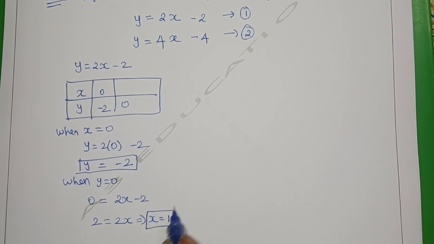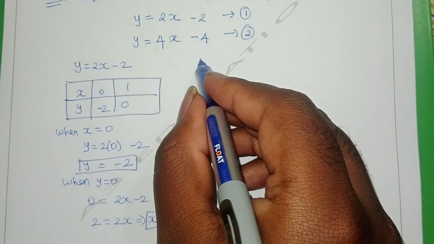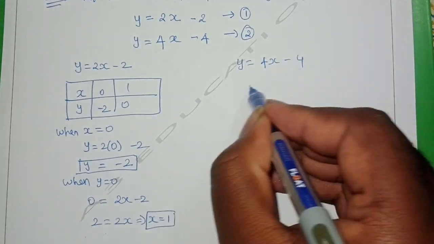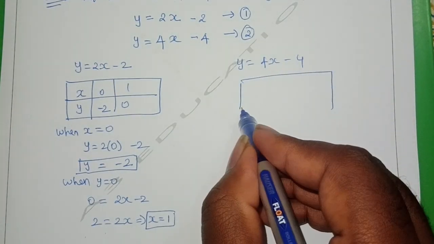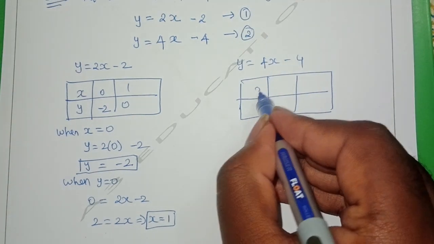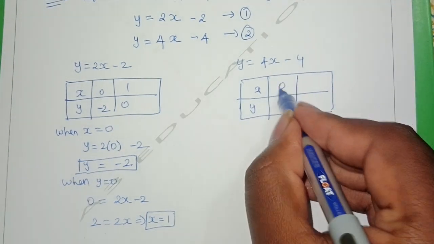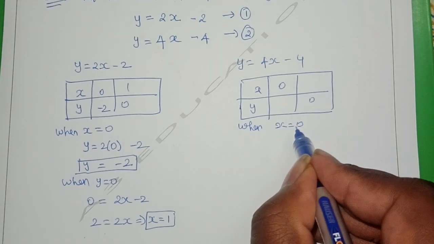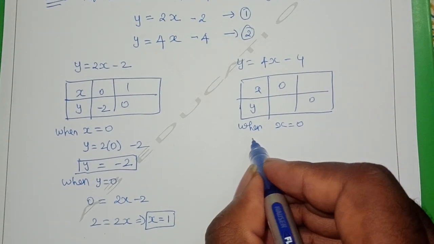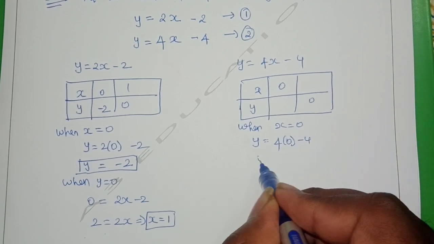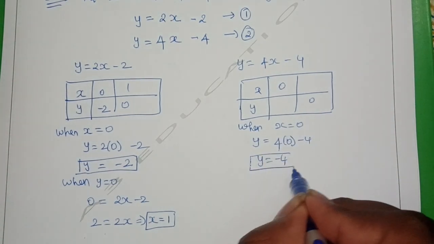The other equation is y equals 4x minus 4. When x is equal to 0, we get y equal to 4 into 0 minus 4, which is y equal to minus 4.